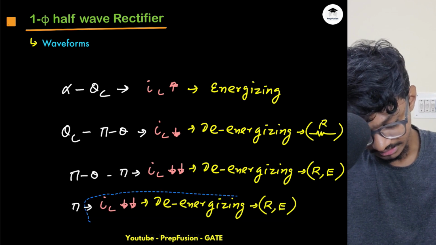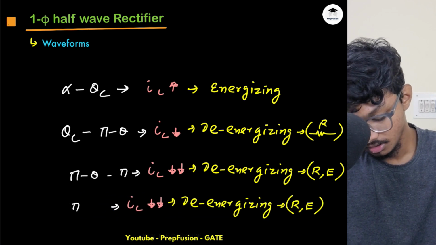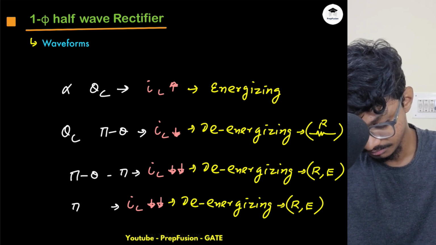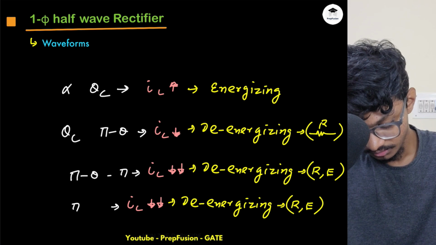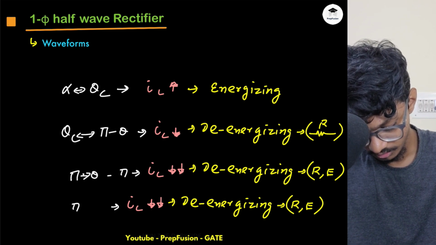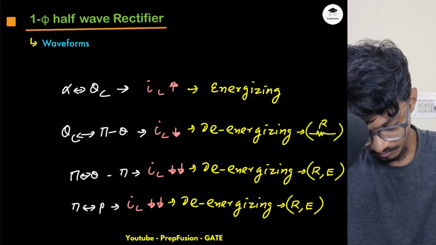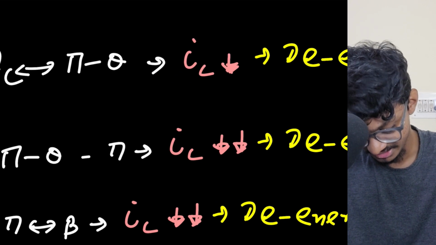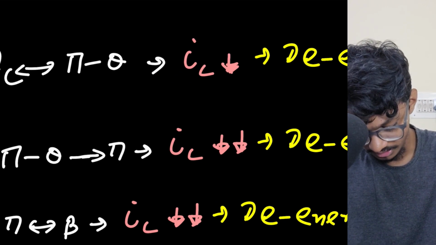Not 2 pi plus theta, pi to beta. This dash may seem a bit misleading. From pi to this, this arrow might be a better option for us. This is pi minus theta, I got misled by that as well. So this is the arrow.